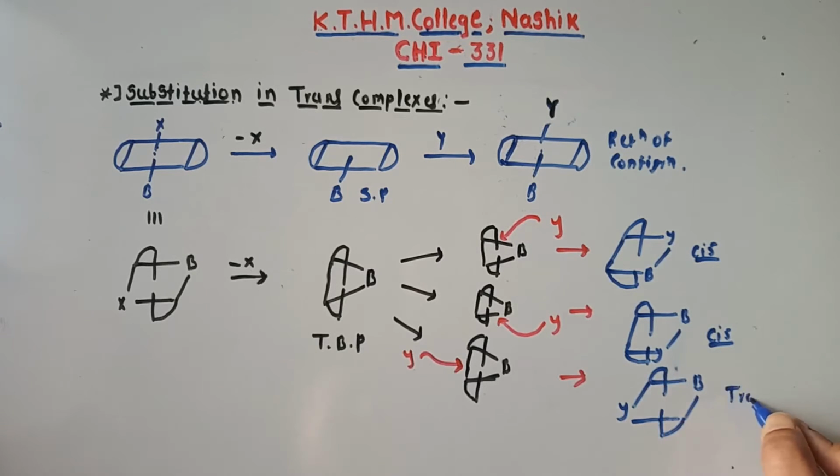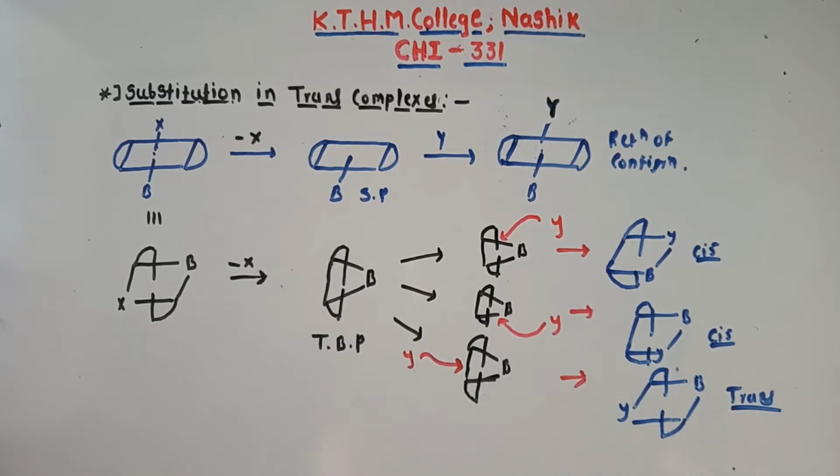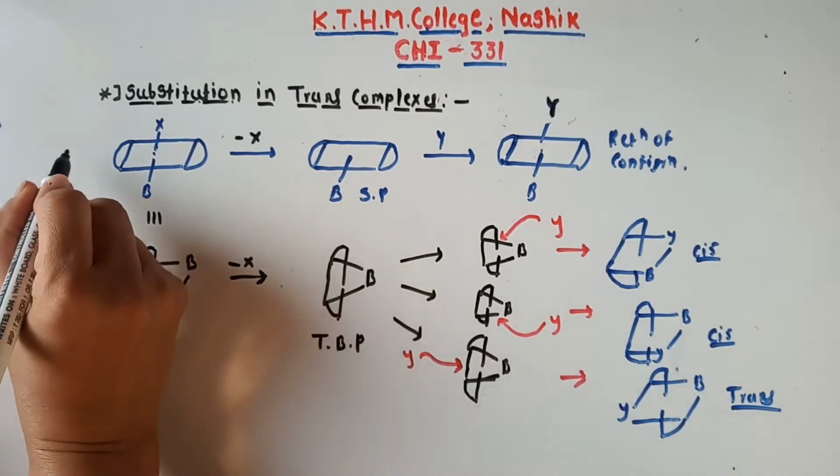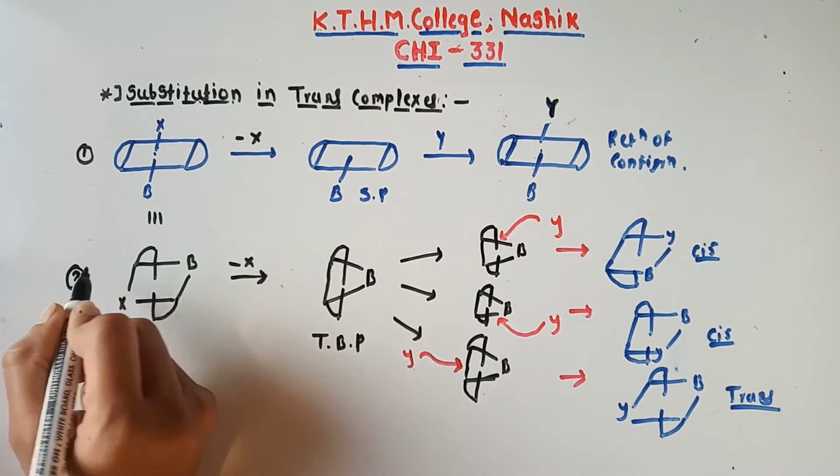Okay, meaning in the case of the trigonal bipyramidal intermediate, we get a mixture of cis and trans product, while in the case of the first, this is the first case or first possibility, this is the second possibility.